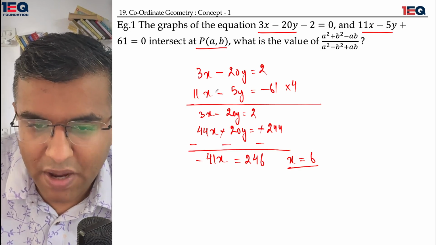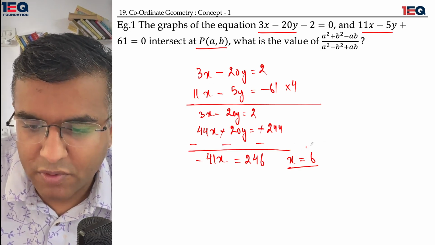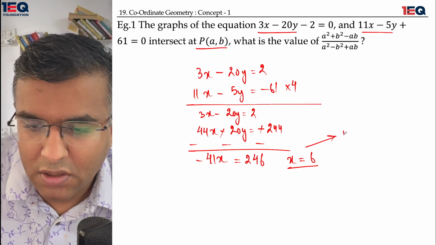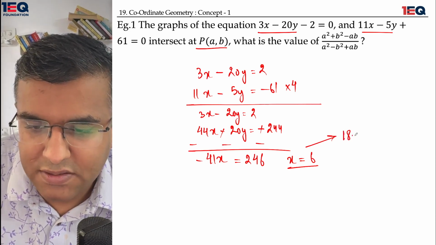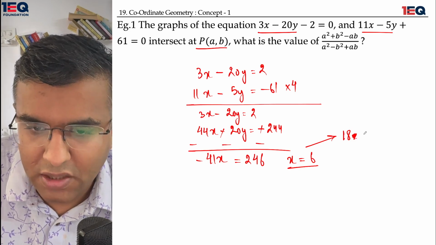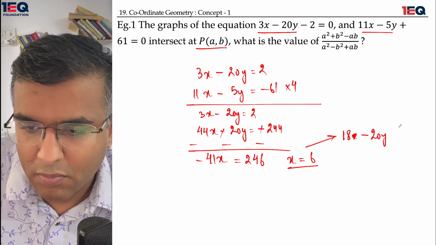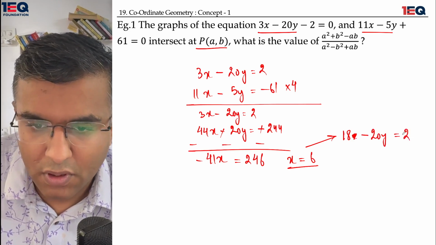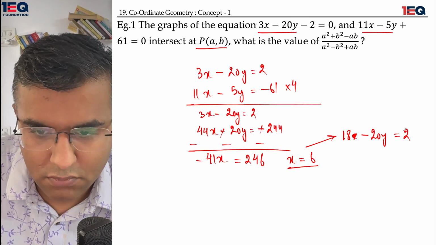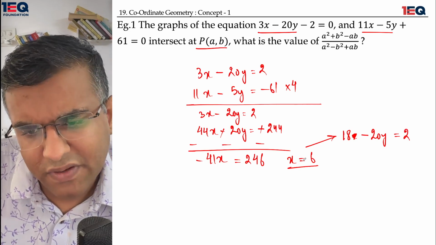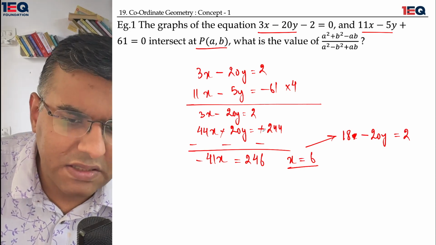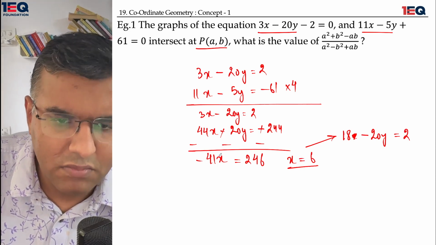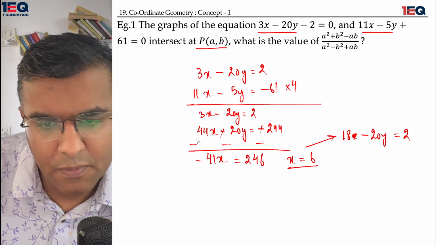If I put that back in the equation, that is 3 6 is 18x. So x is no more there. 18 minus 20y is equal to 2. And just a moment. The value of x is not 6. The value of x is minus 6. Yeah, yeah.